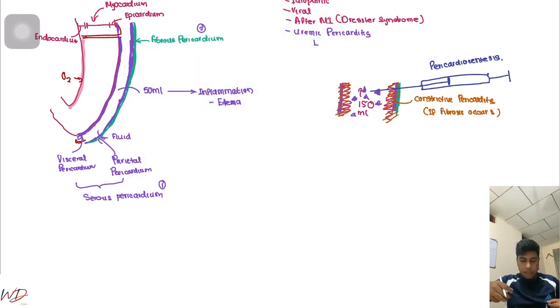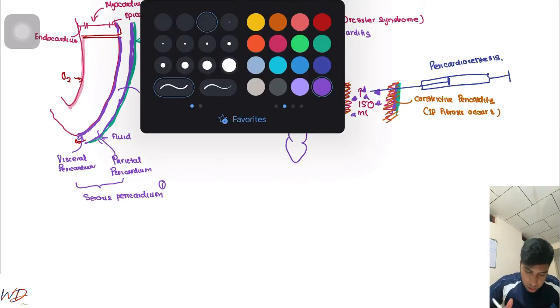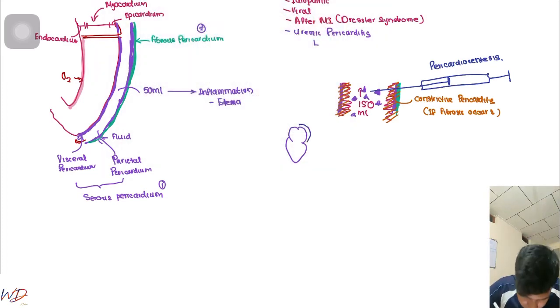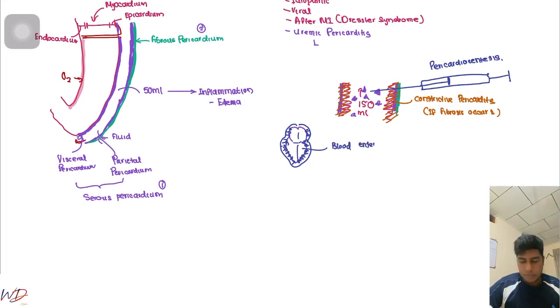You extract the extra fluid out of the body, because if you don't, the fluid buildup is going to stop the heart from contracting. There's going to be increased pressure on the heart, stopping the heart from contracting and doing its job properly.